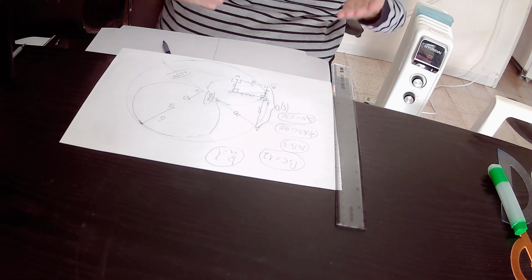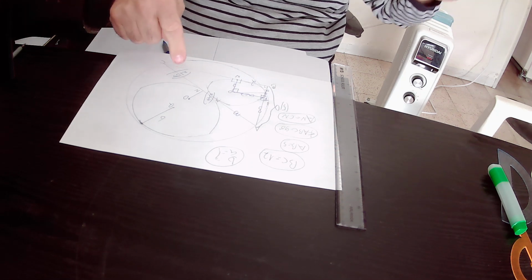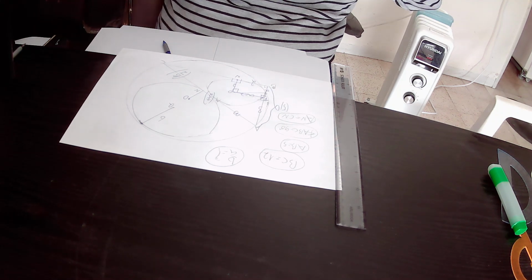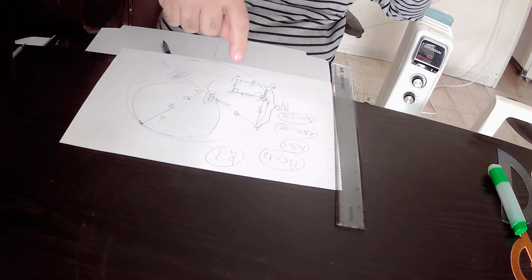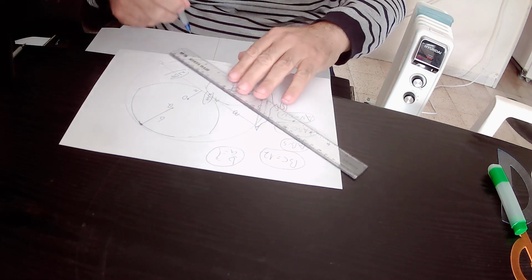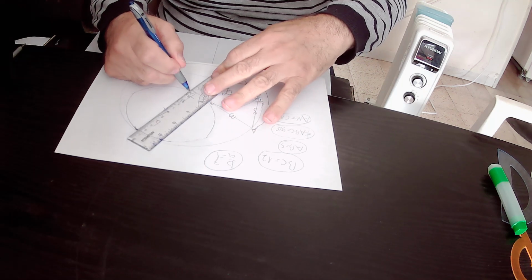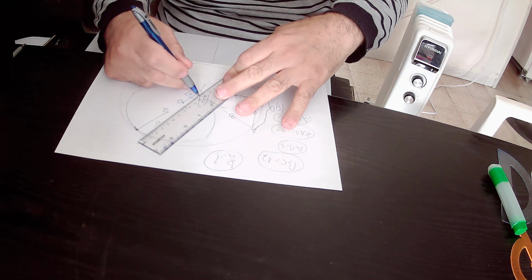And according to rule number 7, whenever you have a line segment from the center of a circle that bisects a chord, it must also be perpendicular to the chord. Therefore, line segment ON must be perpendicular to chord AC. That is to say, this angle equals 90 degrees, and this angle equals 90 degrees according to rule number 7.